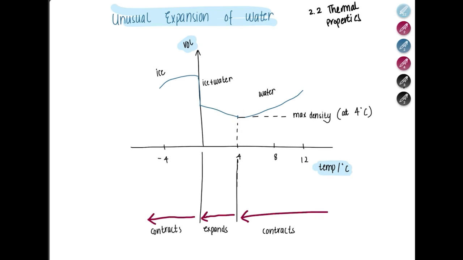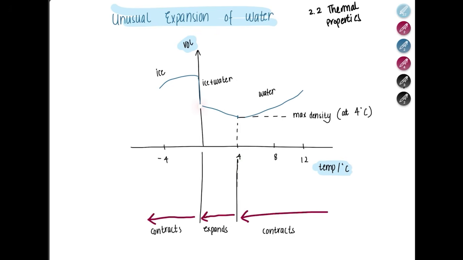Now, why does it happen with water molecules? It's because it forms some bonds, and those bonds start to break at this point. And when those bonds break, water molecules are free and they expand. So it contracted until 4 degrees. From 4 to 0, it expanded.